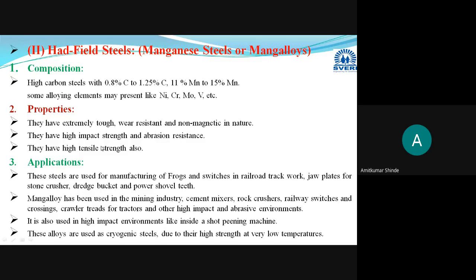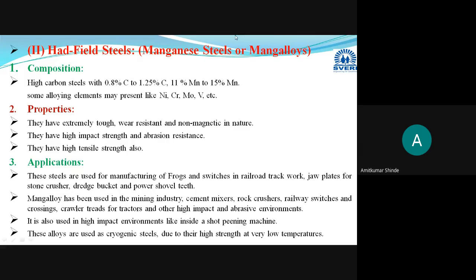Depending on the composition only you can write their properties. As high carbon steel is there, it will have very high strength, very good wear resistance, very good abrasion resistance, and its impact strength also will be very good.